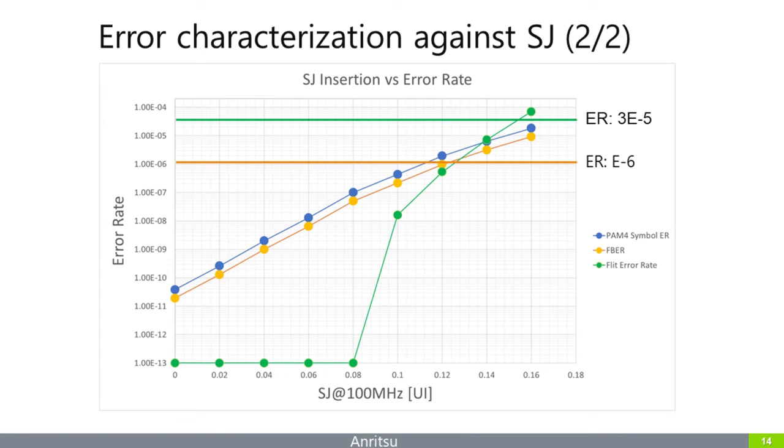However, at 100 milliUI SJ injection, now some errors cannot be corrected by FEC, that becomes flit errors. Then when the FBER is almost E minus 6, still retry rate or flit error rate is less than 3E minus 5. So this also verifies the FBER E minus 6 can be used.